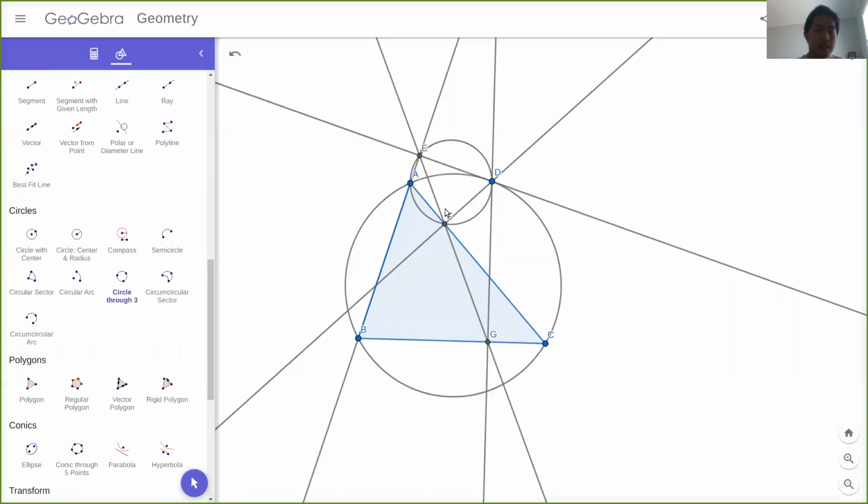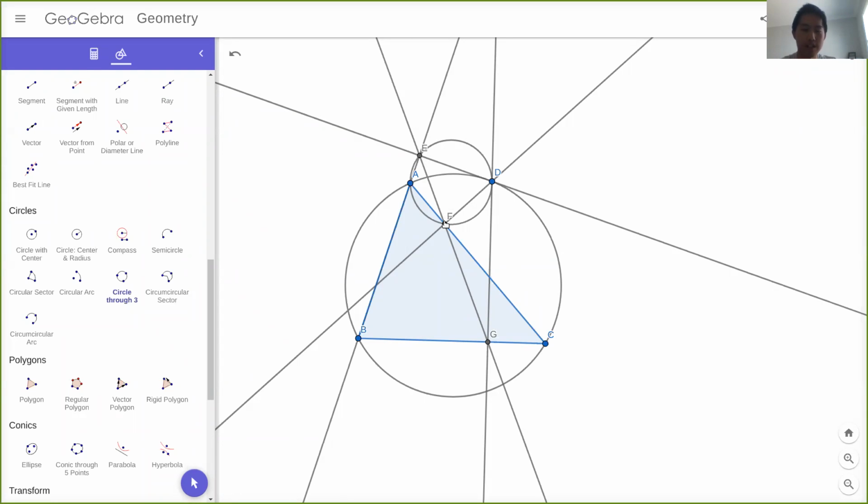What did we define last? We defined E and F last. We defined E and F so that this angle right here, DEA, is 90 degrees, and DFA is also 90 degrees.